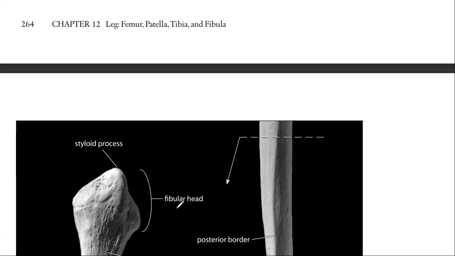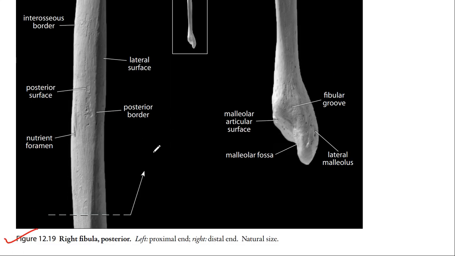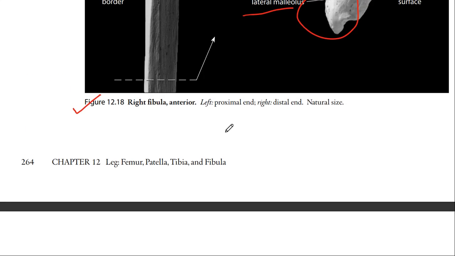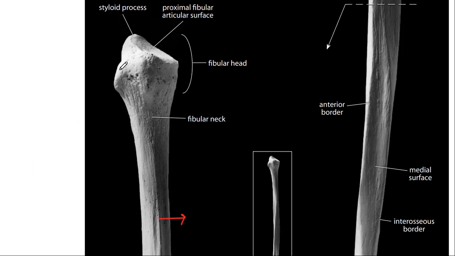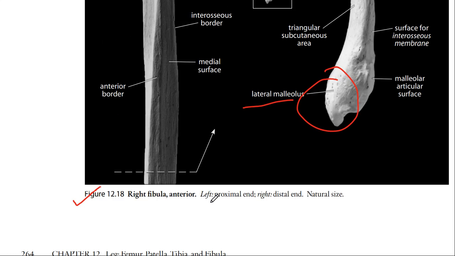Fine, in the posterior view you can clearly make this distinction: when the styloid process is directed medially, or the lateral malleolus is medially located, then it's the posterior view, not the anterior view. So you can make that distinction on the distal as well as the proximal end, both ways, the styloid process as well as the malleolus, right? So this is going to be an easy interpretation of right and left.